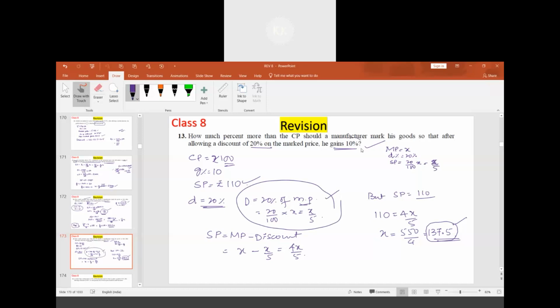Now there is a gain of 10%. What to do for that? Ten plus x? No, x is the market price; 10 plus x you should not take.